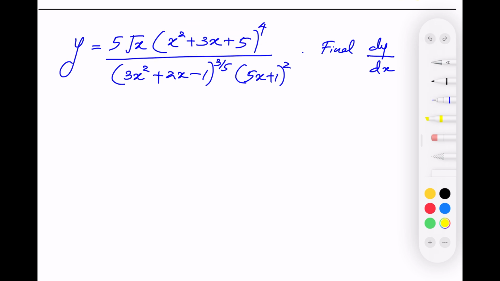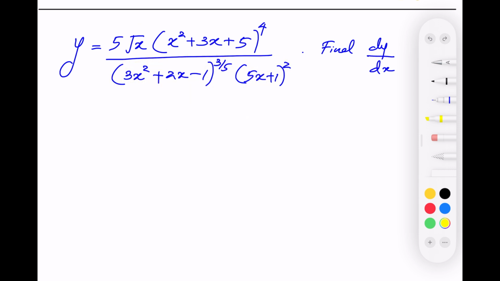Of course, we have a numerator and we have a denominator, which means we need to use the quotient rule. When you use the quotient rule, we know that we have to differentiate the numerator and also the denominator in various different places. And if you look at the numerator and denominator respectively, we have a product in the numerator and also another product in the denominator.